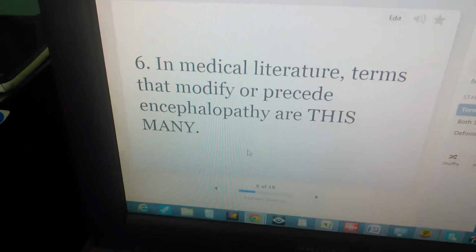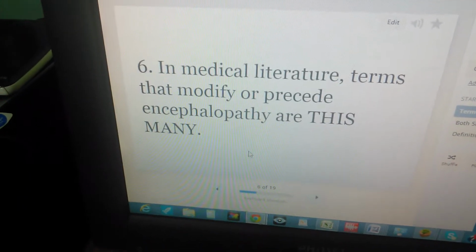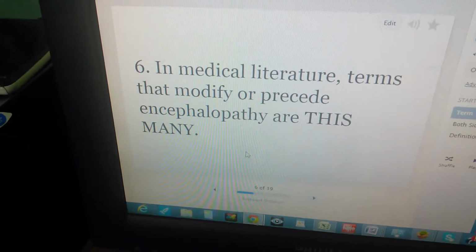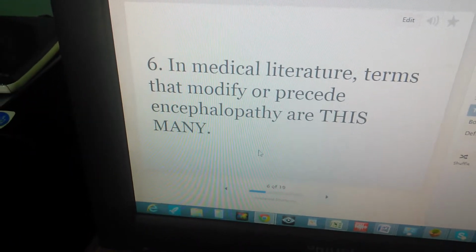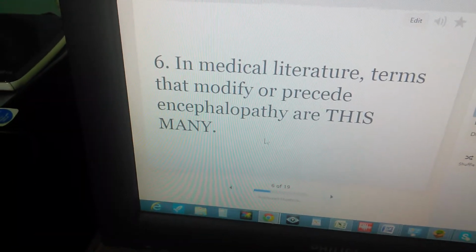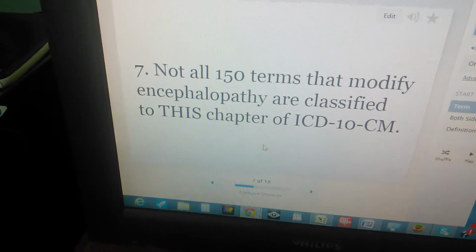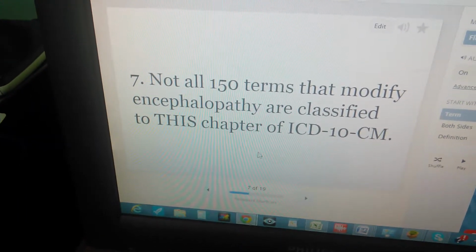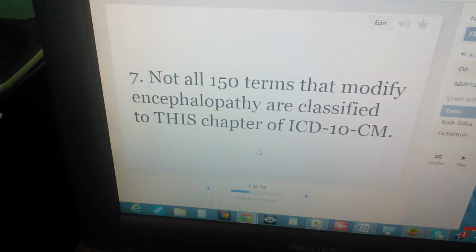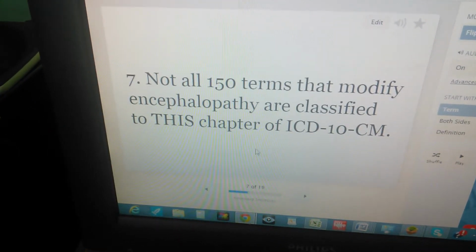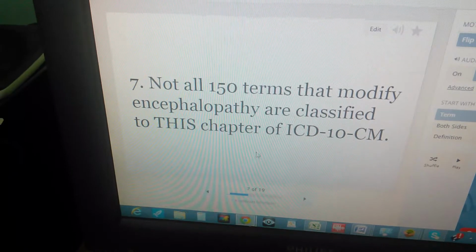In medical literature, terms that modify or precede encephalopathy are this many: 150. Not all 150 terms that modify encephalopathy are classified to this chapter of ICD-10 CM: chapter 6.